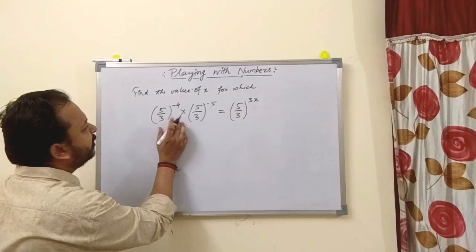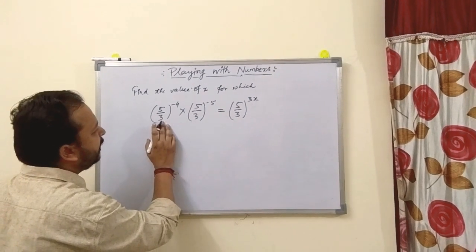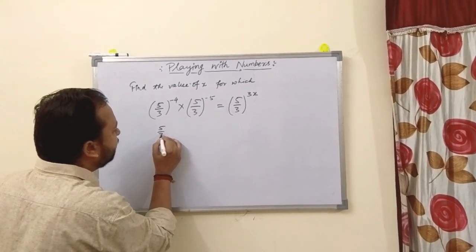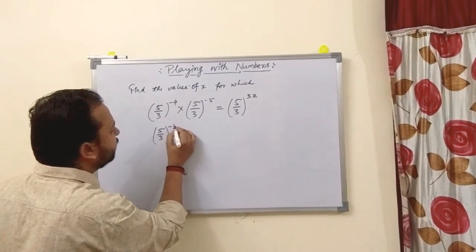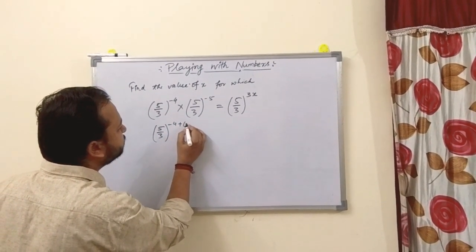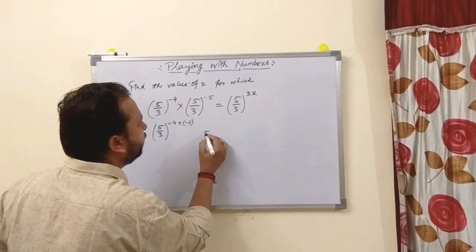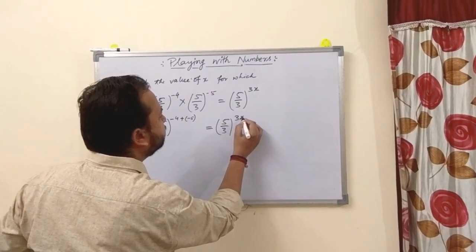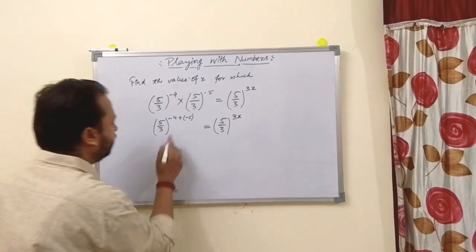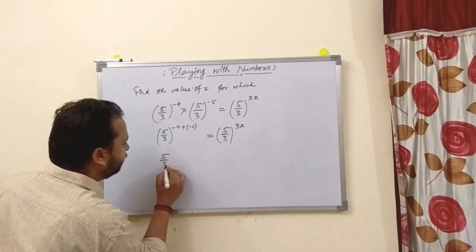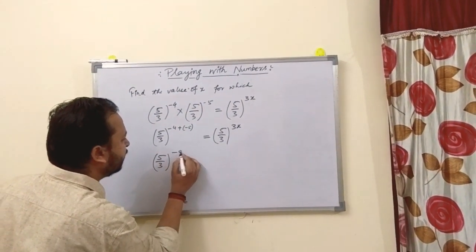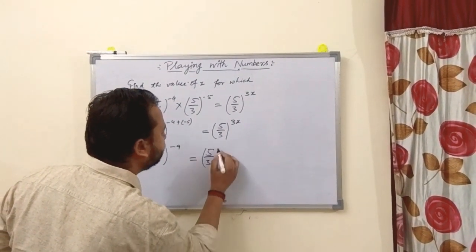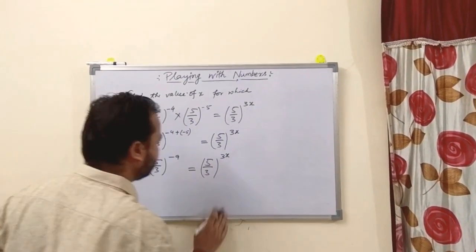Here both are in multiplication and bases are same, so add the powers. So (5/3)^(-4 + -5) equals (5/3)^3x, right? So here you get (5/3)^-9 equals (5/3)^3x.